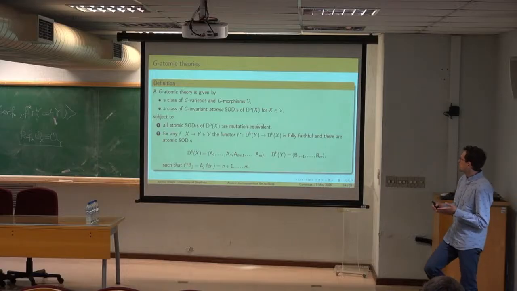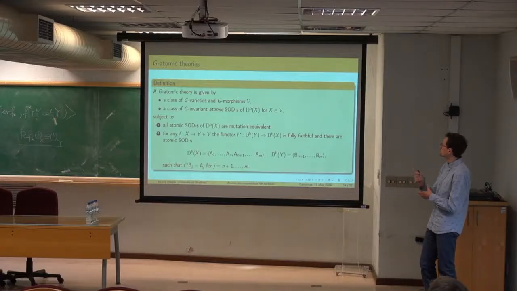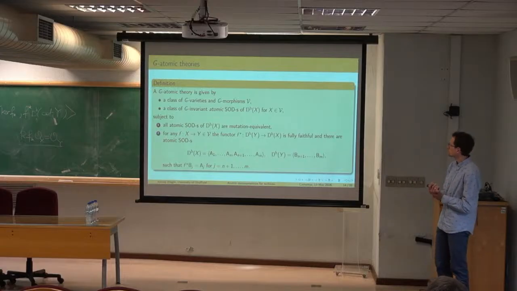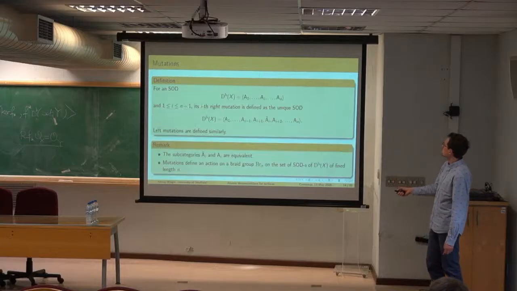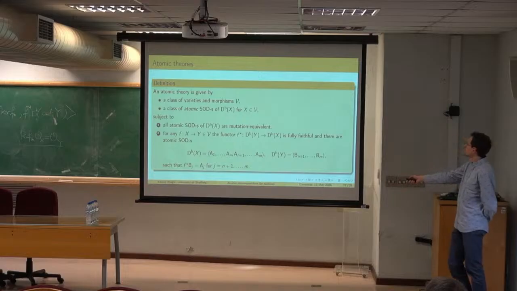But to construct it, we work over an algebraically closed field and possibly with a group action. So we fix a group, consider G-varieties, G-equivariant morphisms, and this definition is not much different from this one. In particular, you can see that the conditions are exactly the same.